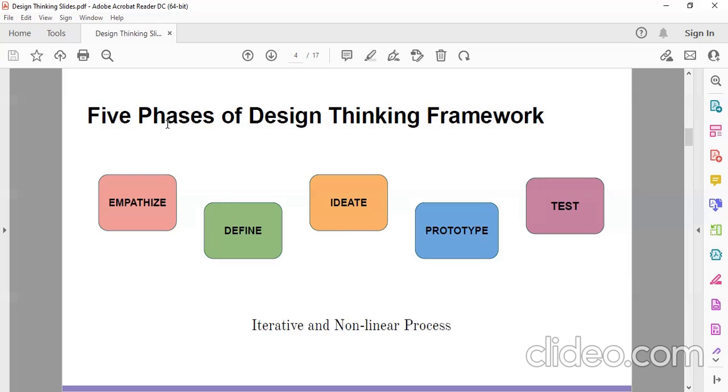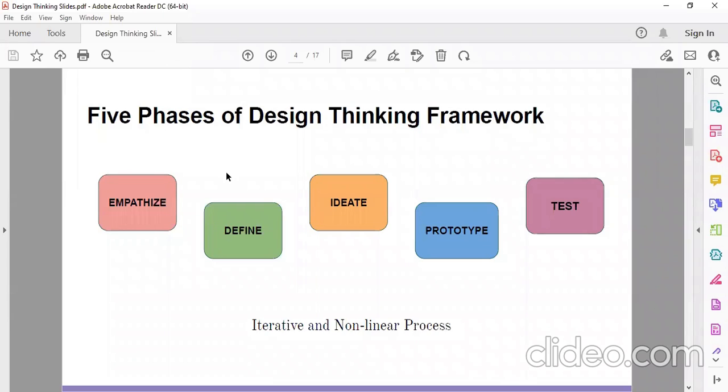It also helps us to observe, as we've already discussed, and to develop empathy with the target users, right? So this is extremely useful to solve very complex problems as well, right? Okay, so that is a basic introduction to design thinking.